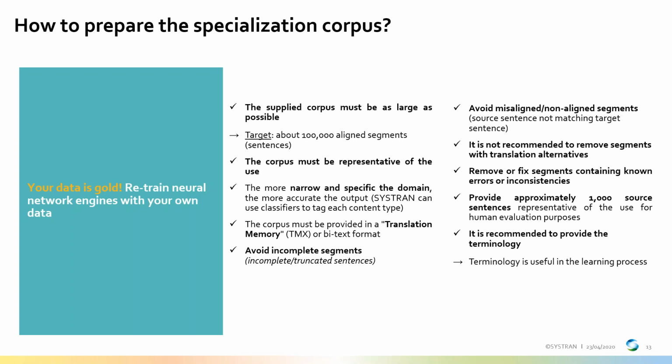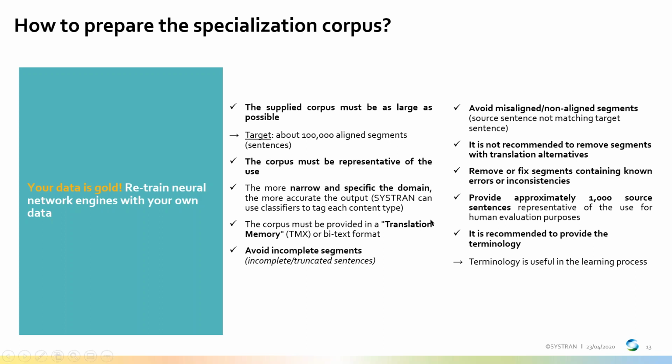And if you do have a term base, if you have terminology, it's possible to use it during the training process, during the specialization process, to actually reinforce the terminology. So this is very useful data to use during the process. Of course, part of the typical issues in corpora can be fixed through scripts when you prepare the corpus.